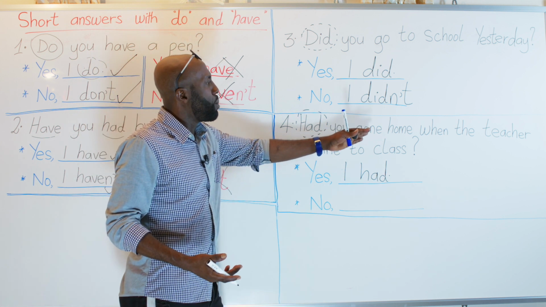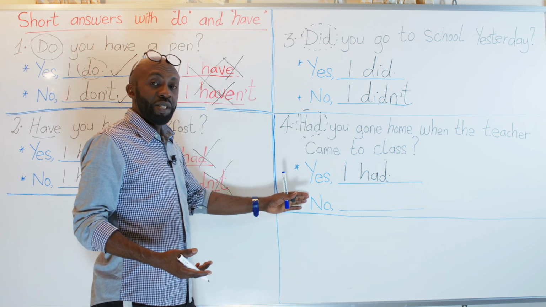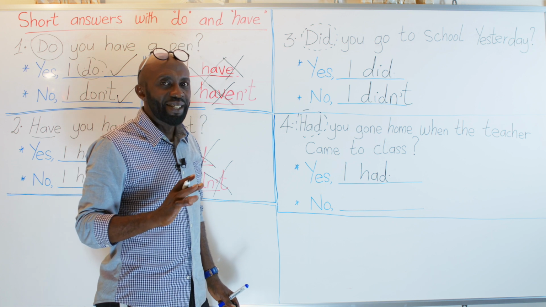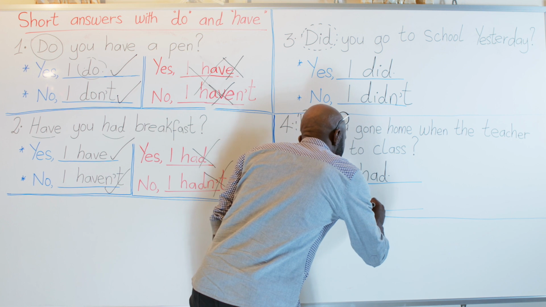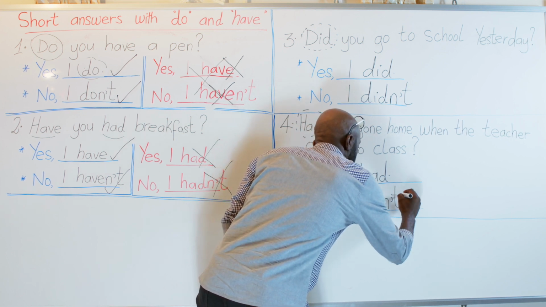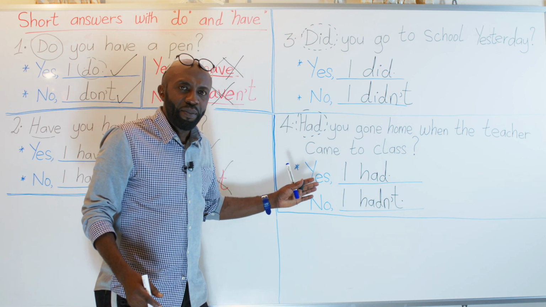So if you had not gone home before the teacher came to class, what should you say? If it's a no, you say, no, I hadn't. Okay, did you get that?